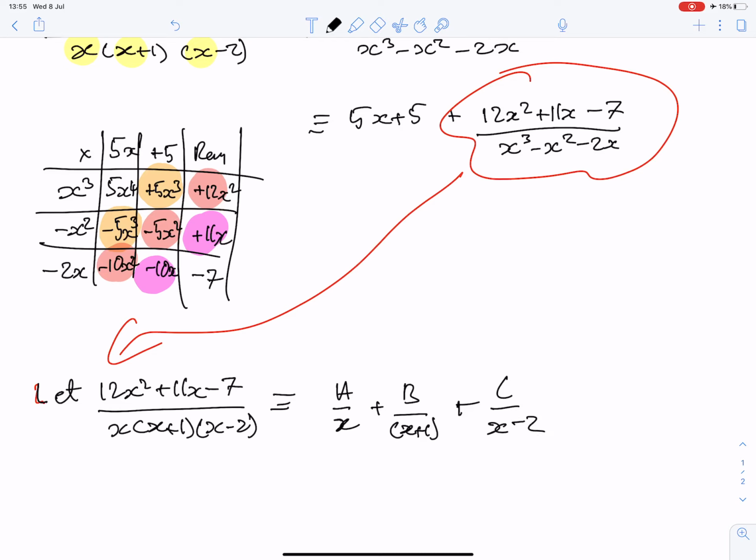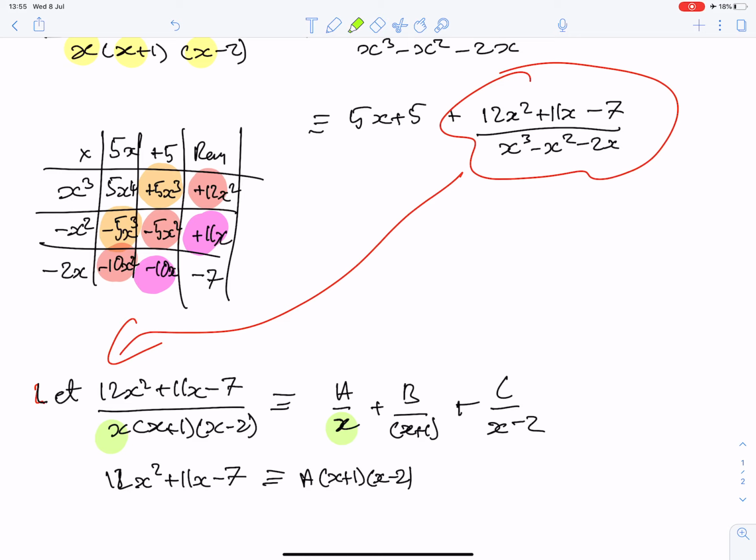Multiply through by the denominator, so we get 12x squared plus 11x minus 7 is identical to, so the x's cancel when we multiply that to leave us with a over x plus 1, x minus 2.